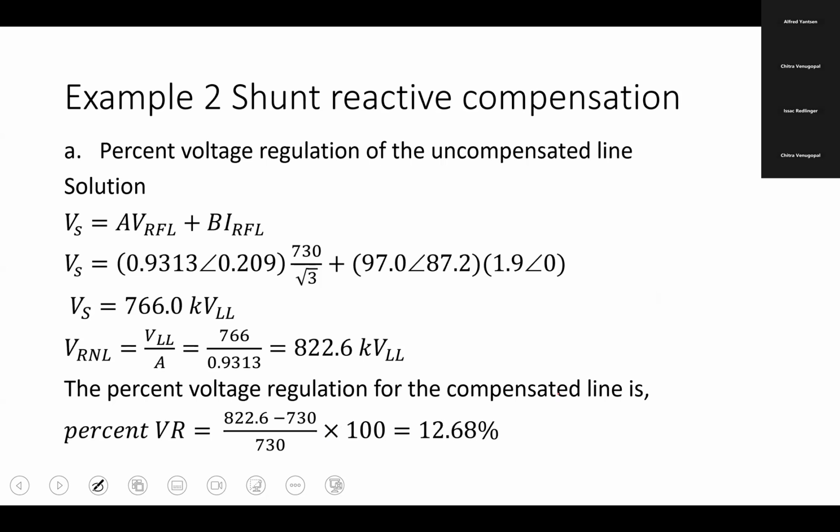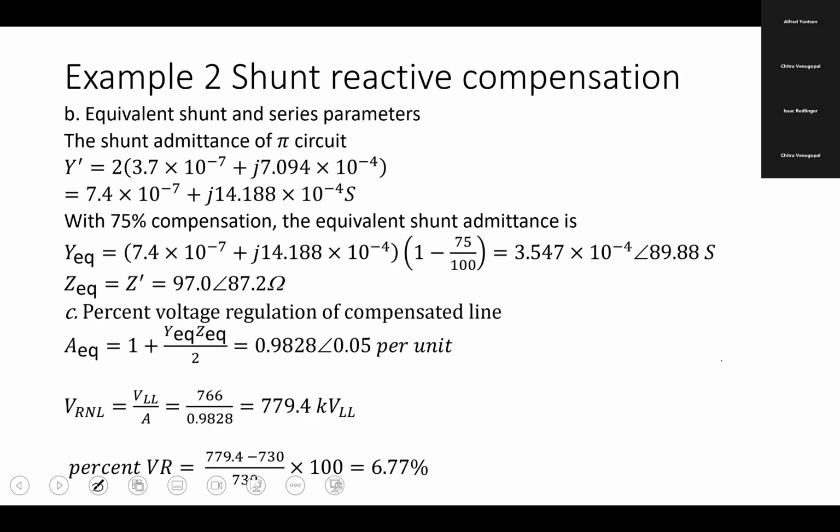So we are doing the uncompensated line voltage regulation first, similar to the previous case. We did it already using these equations, and then shunt reactive compensation. For shunt reactive compensation, we are going to calculate the L and C value.